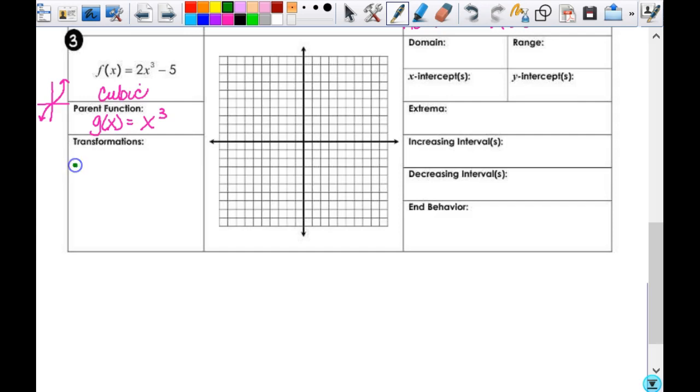Transformations. This too, does it affect me horizontally or vertically? Okay, it's outside, it's not inside with the x, it's outside, so it's vertical. So it's vertical what? The one where it doesn't, the reciprocal is the special case. It's proportional.